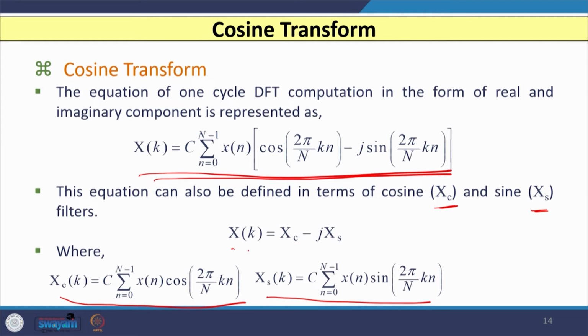If I subtract Xs from Xc, we will have the value of X of k, where k indicates the harmonic number. So, this equation is important as far as the cosine transform is concerned, that is Xc minus Xs, where Xc is the cosine filter and Xs is the sine filter given by these two equations.